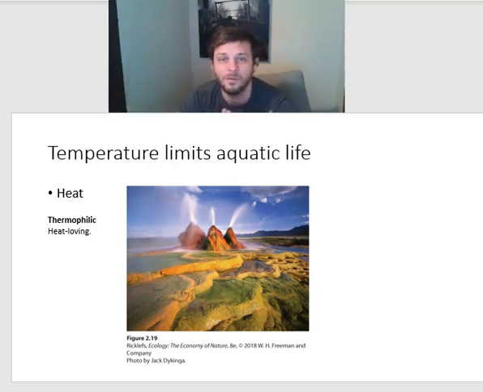When scientists were figuring out how these bacteria live in this really hot environment without just denaturing everything, they found that their DNA polymerase works under high temperatures.